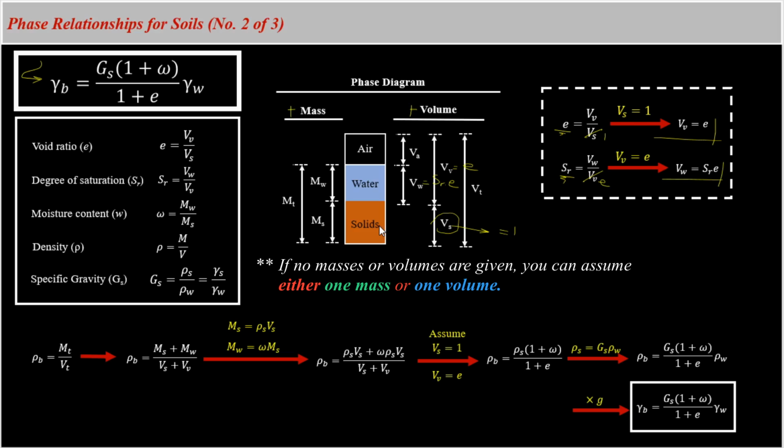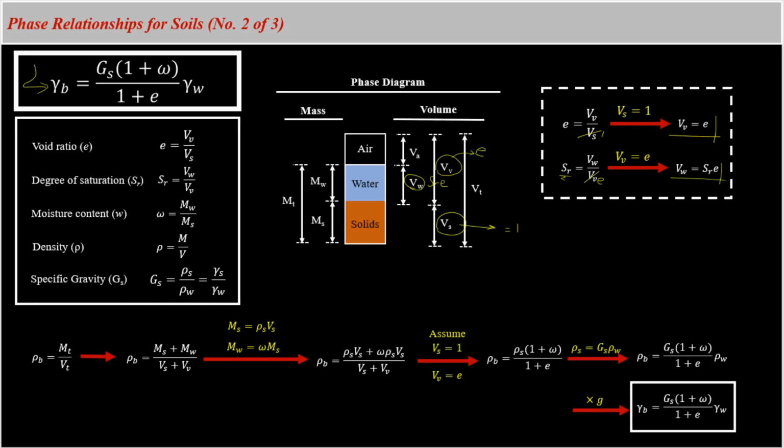So this is a very useful assumption that we can use in phase relationship problems to find the volumes and masses of a sample. So now let's start with the bulk density equation, that is equal to the total mass divided by the total volume. The total mass can be replaced with the mass of solids plus the mass of water. And the total volume can be replaced with the volume of solids plus the volume of voids. We just showed that the mass of solids can be replaced with the density of the solids times the volume of solids.